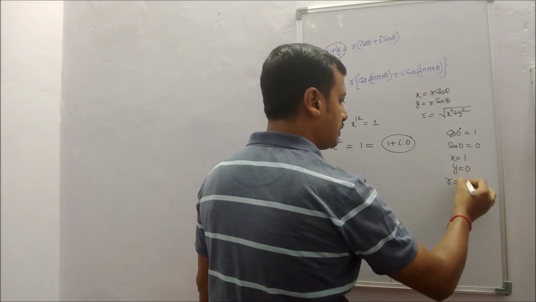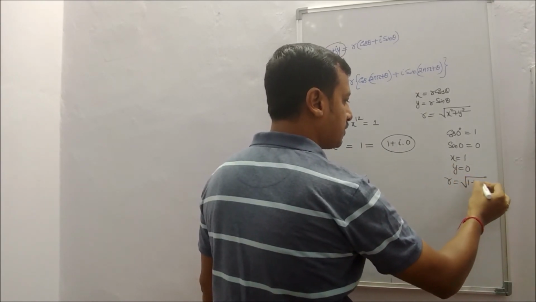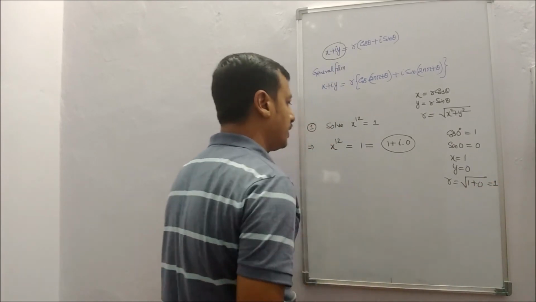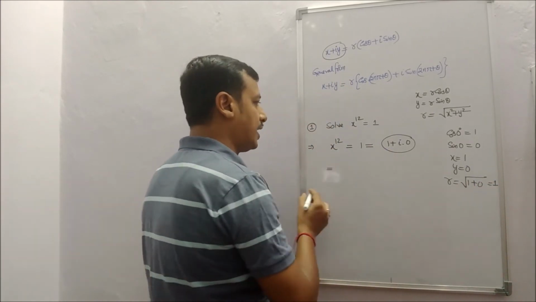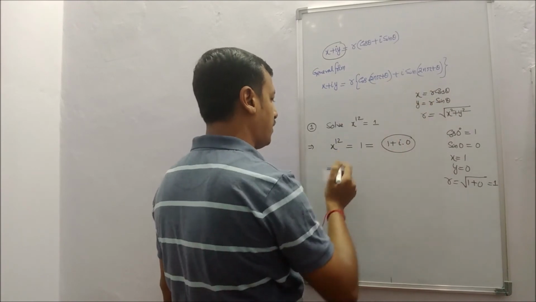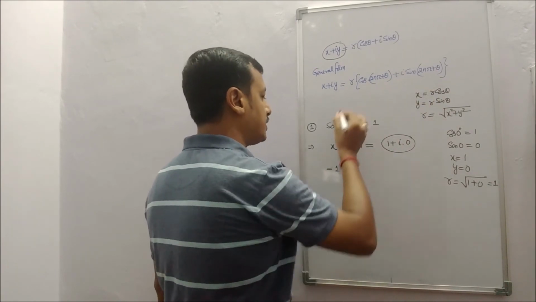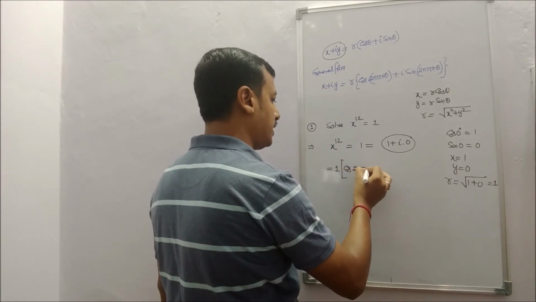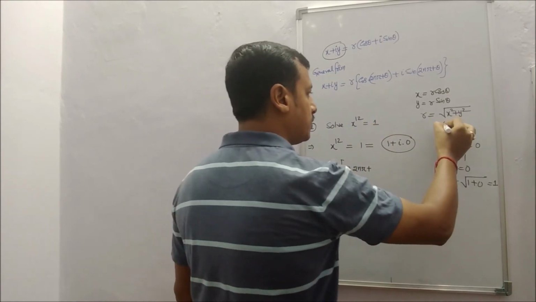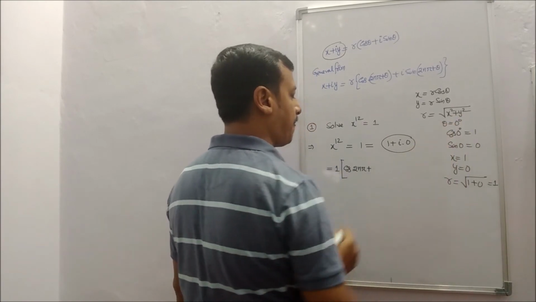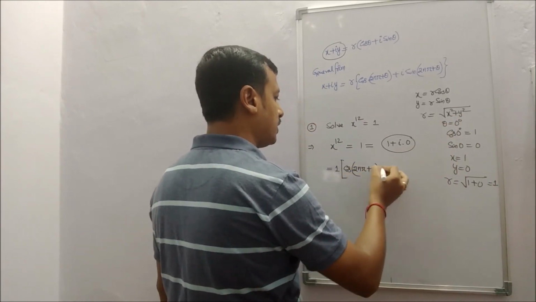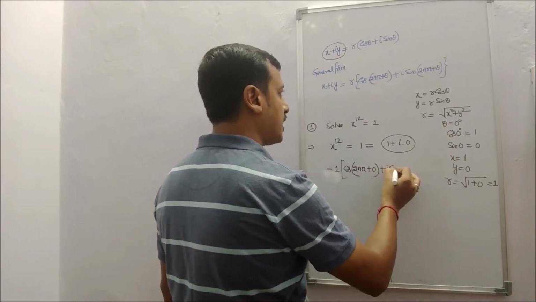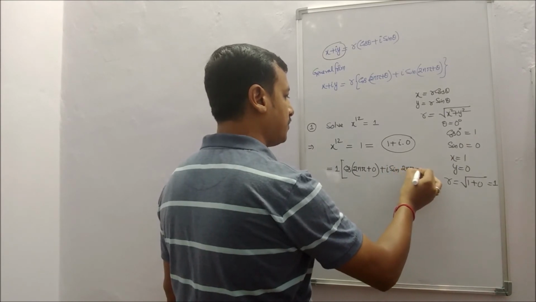So r is equal to root over 1 square plus 0 square, that is equal to 1. So the equation can be written in this general form: the value of r is 1, cos 2n pi plus theta, where theta is equal to 0 degree, so 0, plus I times sin 2n pi plus 0.